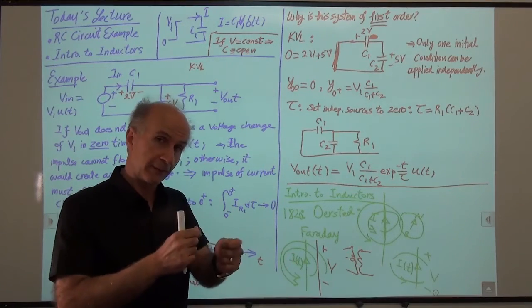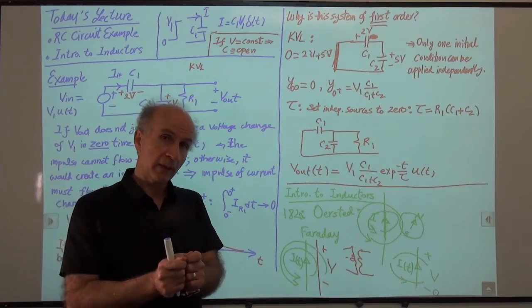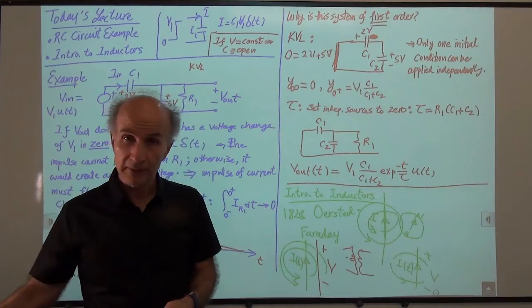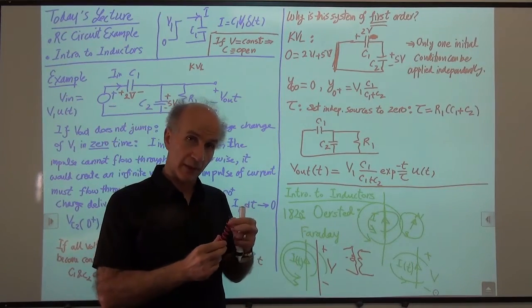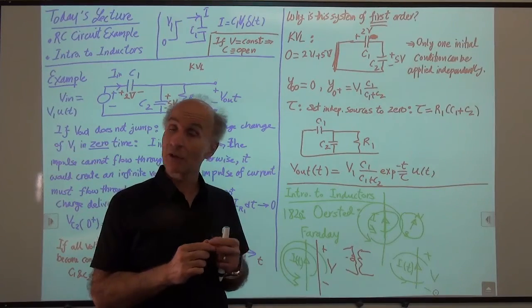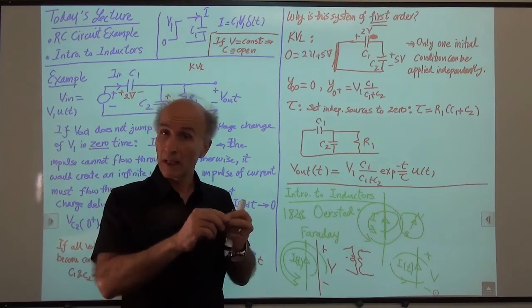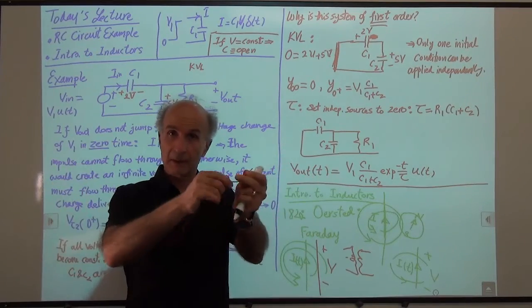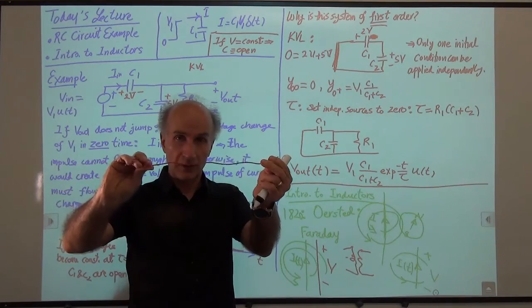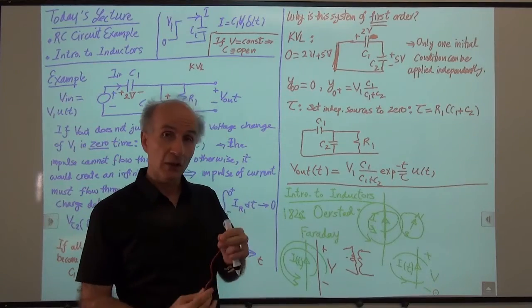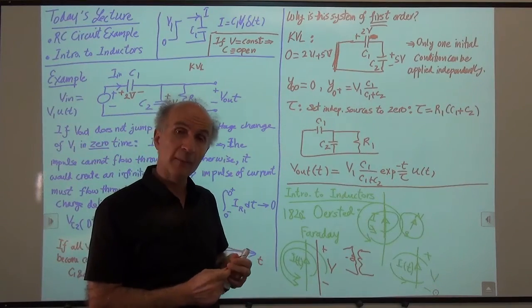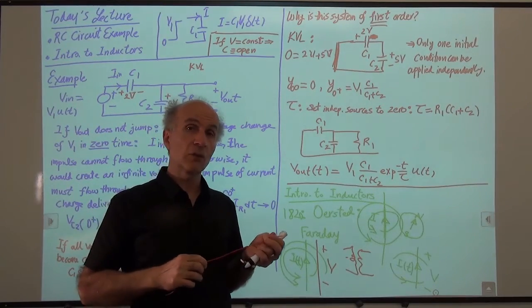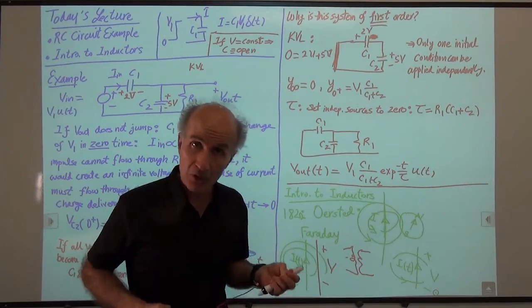So from another perspective, if you have a piece of wire that carries a current, and the current is not changing with time, then that piece of wire is just an ideal piece of wire. It's like this, right? Just a simple short circuit, doesn't do anything. But if the current through a wire is changing with time, then that wire begins to have inductance associated with it.